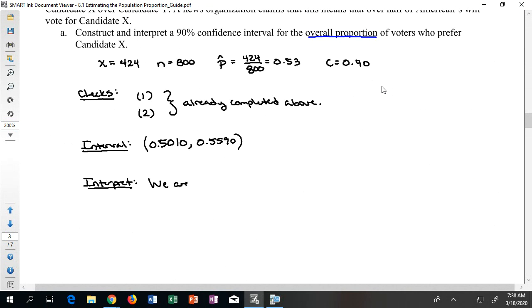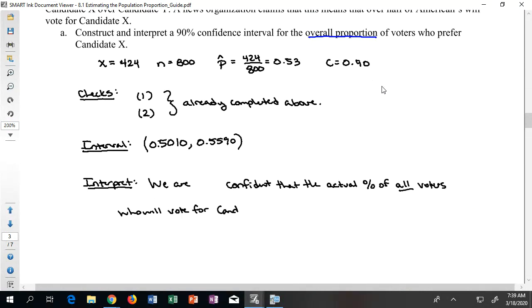We could state that we are some percent confident that the actual percentage of all voters who will vote for candidate X, right?